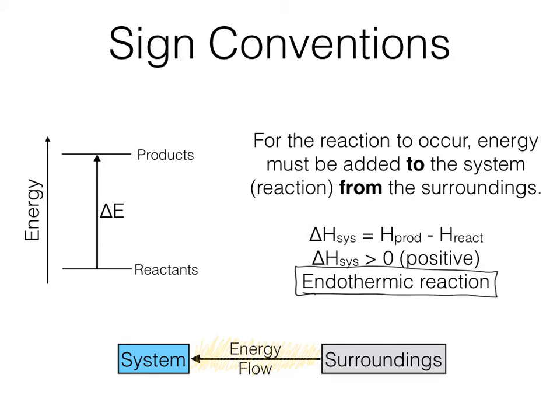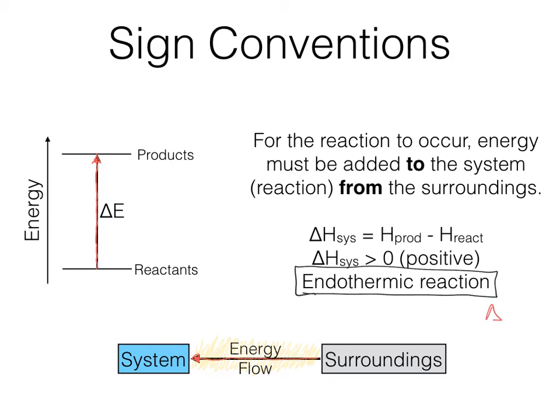Another way of representing that is that our reactants are at a lower energy and our system gains energy to move to the products. So energy flows from the surroundings to the system, or our products have more energy than our reactants.